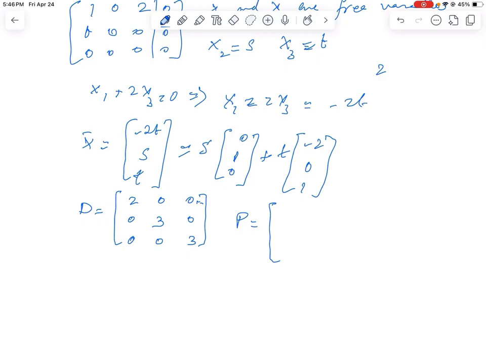So it will be negative 1, 1, 0. And these two vectors that we have, 0, 1, 0 and negative 2, 0, 1. So that will be our P. So we say A is diagonalizable.